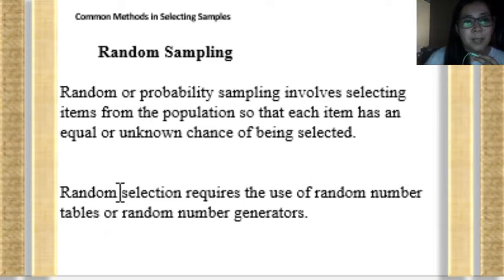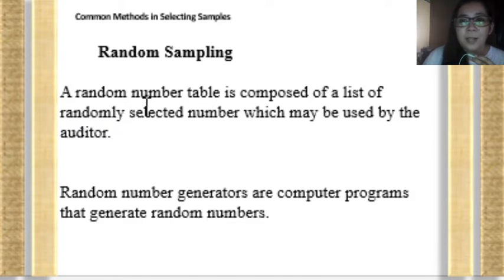So random selection will require the use of random number tables, or this can also be done through the use of random number generators in a computer. The random number table is composed of a list of randomly selected numbers which may be used by the auditor.